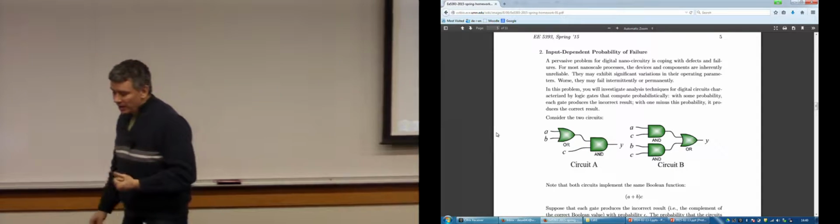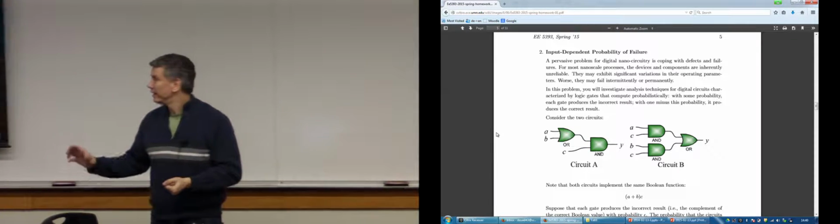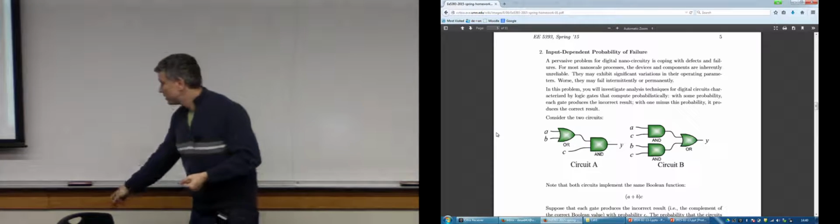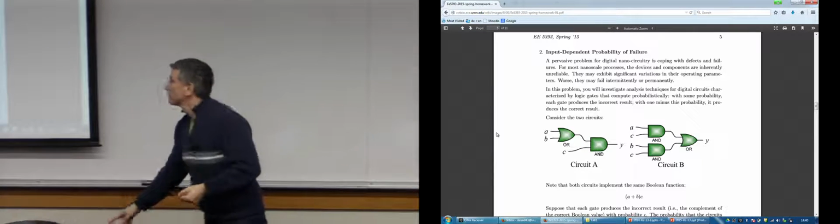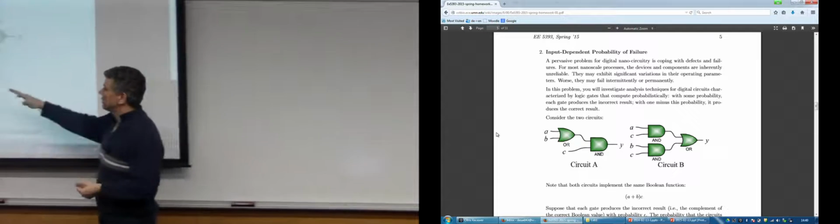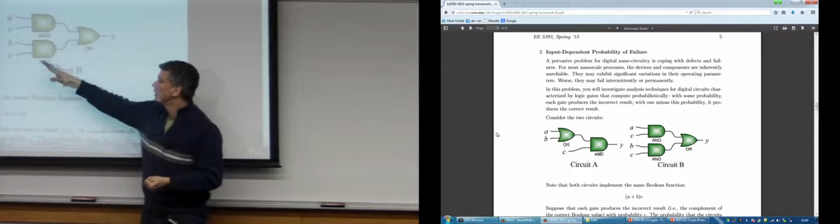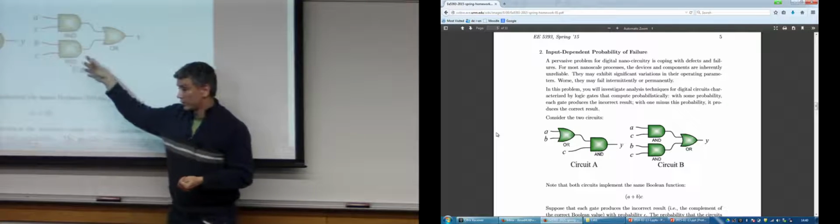But here, what this problem asks you to consider is a completely different twist on the problem. So here, you're not considering stochastic bit streams flowing in. So you're not considering zeros and ones streaming in.